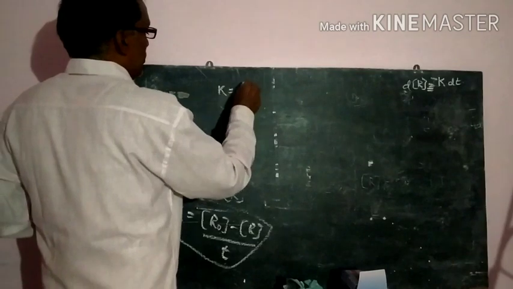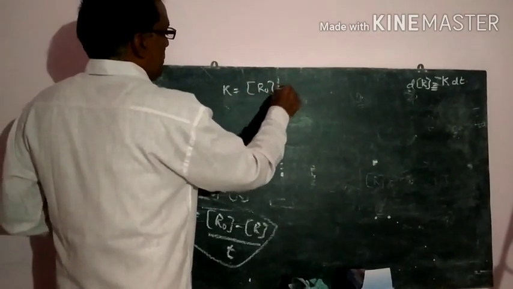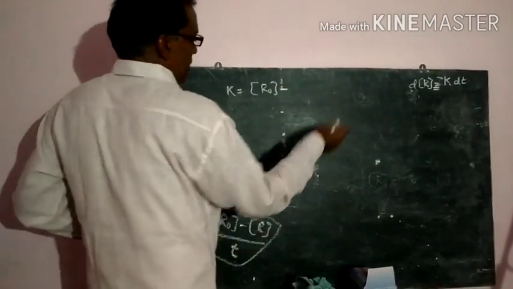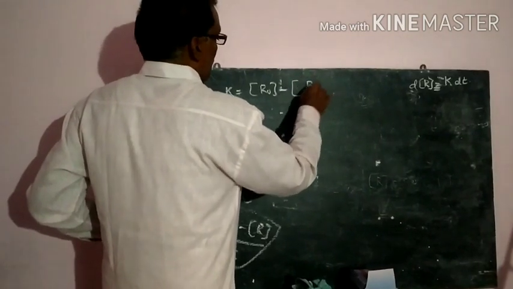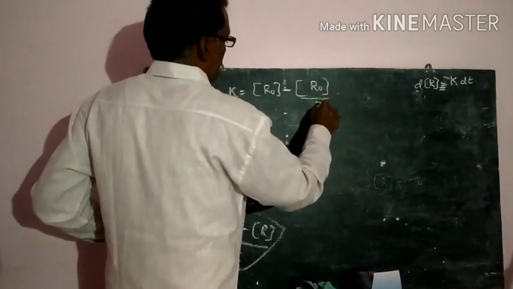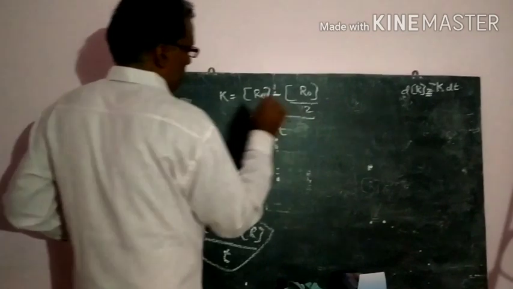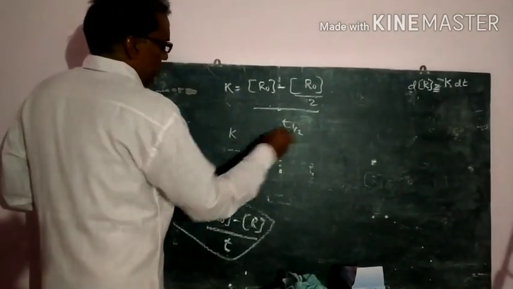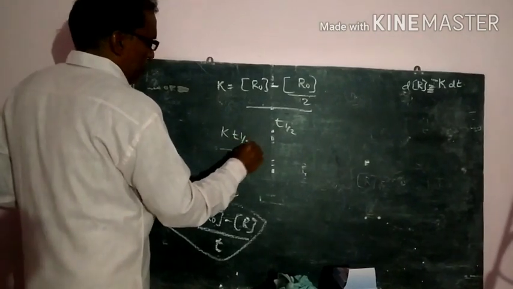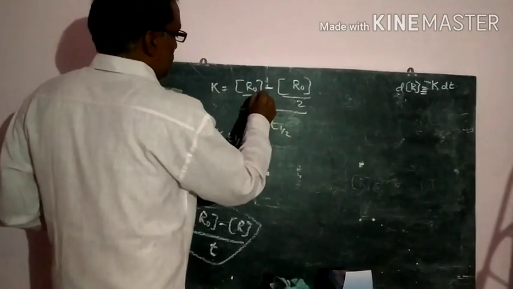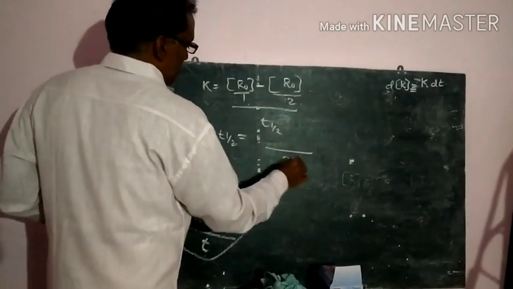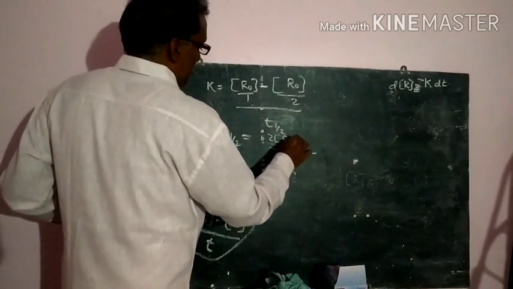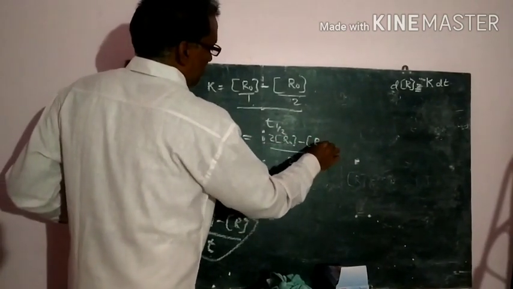So K is equal to the initial concentration minus the final concentration, which in a half-life time period is R0 by 2, divided by T. Okay, T you bring to this side. T means T half, whatever the time is taken. So 1 by 2 is equal to, you substitute, take the LCM: 2 times R0 minus R0.